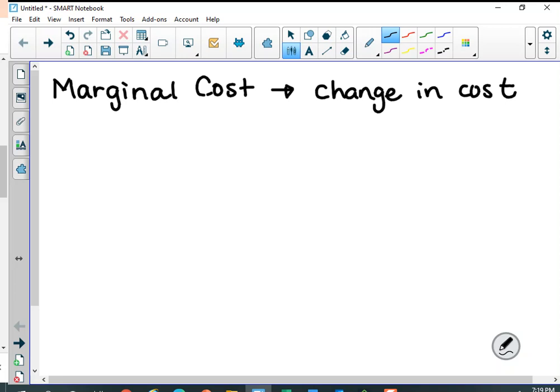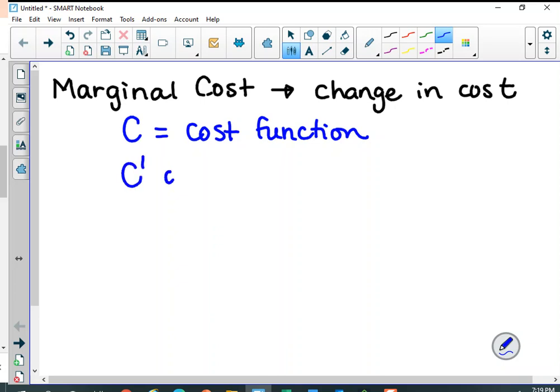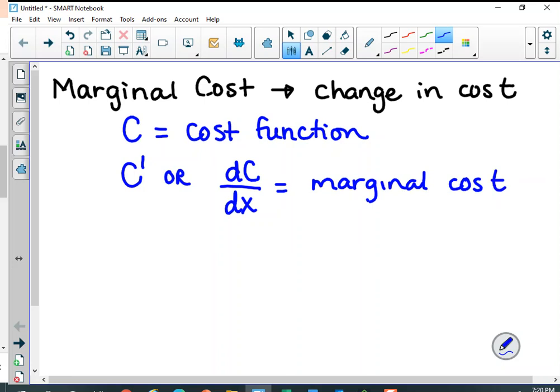One way to write that would be, if C is our cost function, and remember I told you we were going to get confused because we were going to throw C back in the mix, then C prime is the marginal cost. It's a function that measures how the cost is increasing or decreasing at x items.